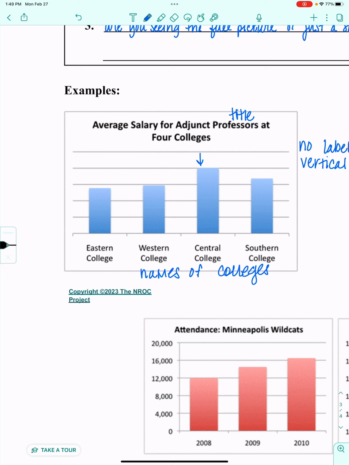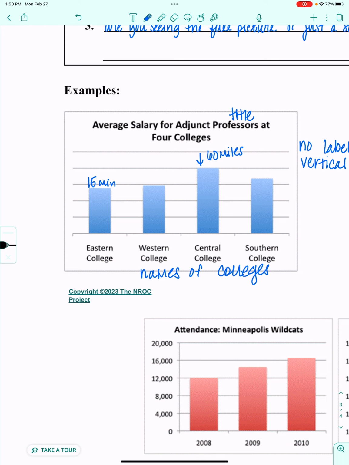But maybe it's 60 miles away from your house. So you go and look at Eastern College. Maybe it's only 15 minutes from your house, but its salary looks like it's way lower.